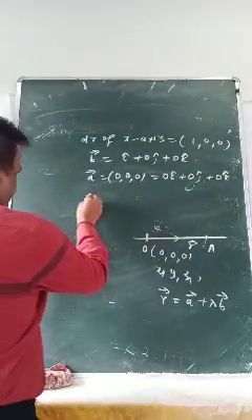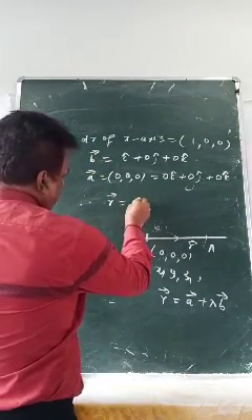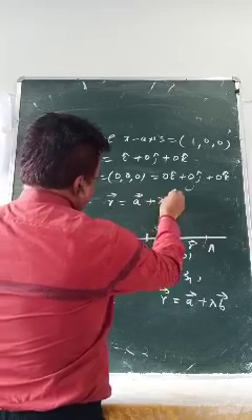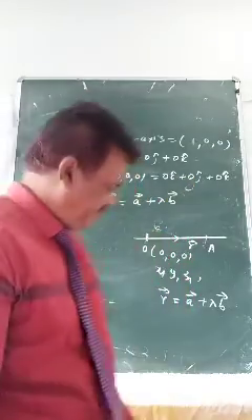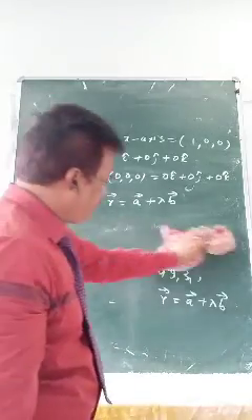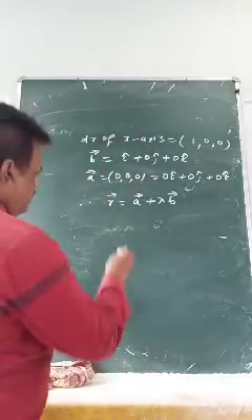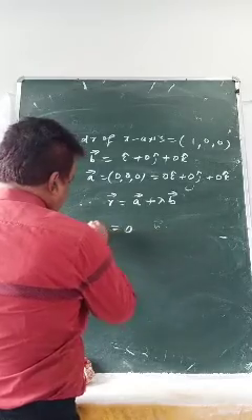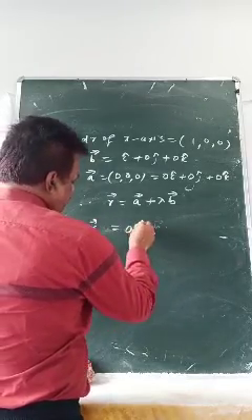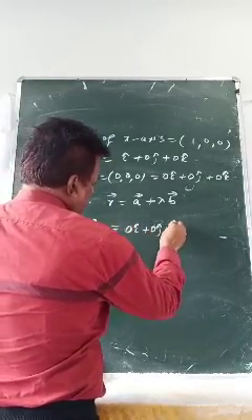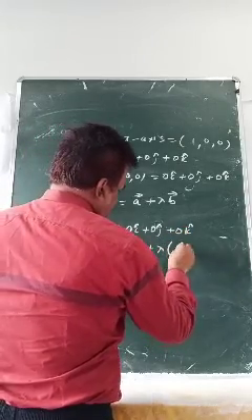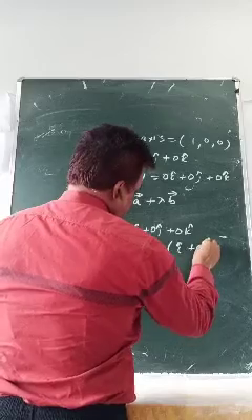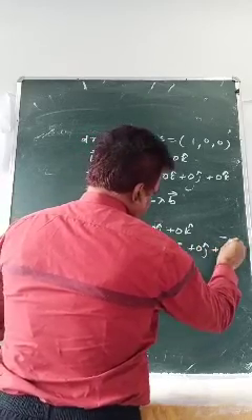Therefore r equals a plus lambda b. Then how will you write? r equals 0i, 0j, 0k plus lambda times (i plus 0j plus 0k).